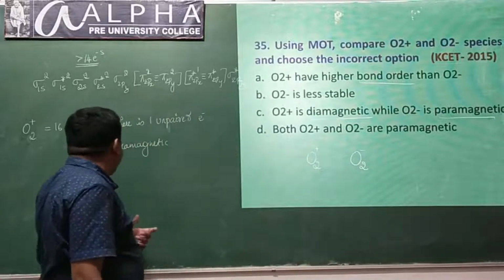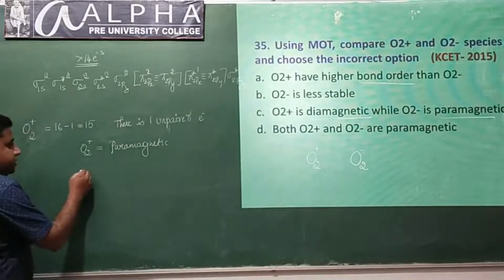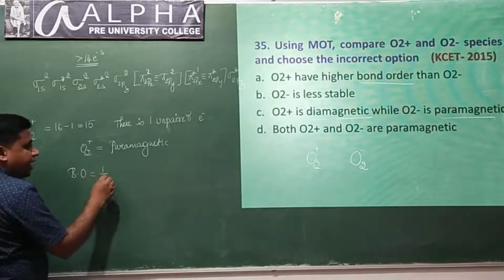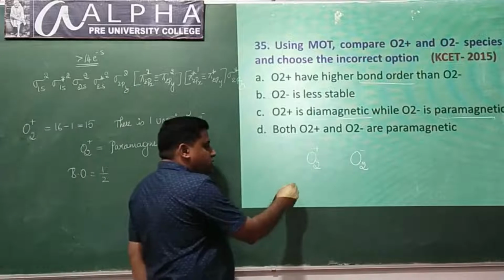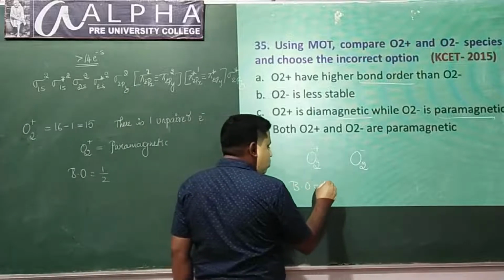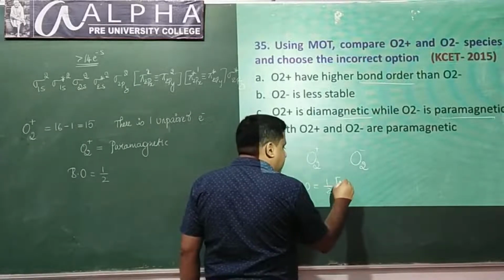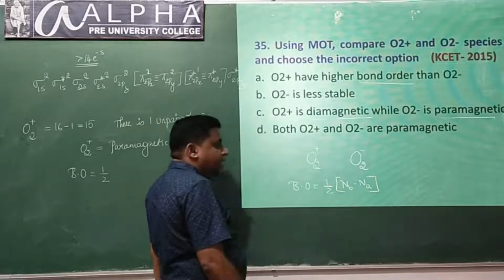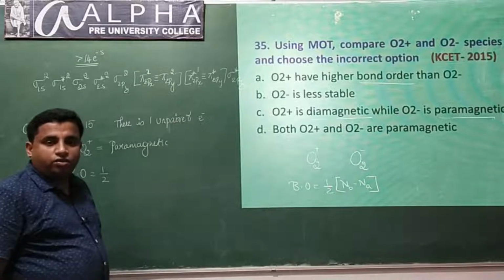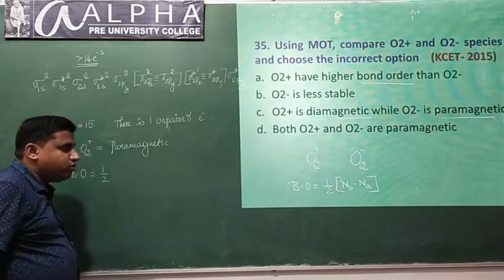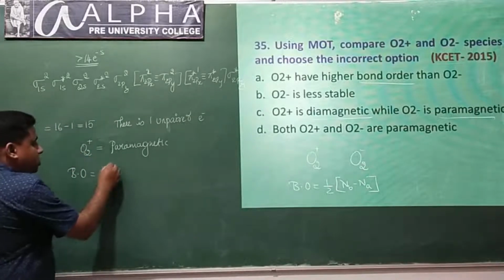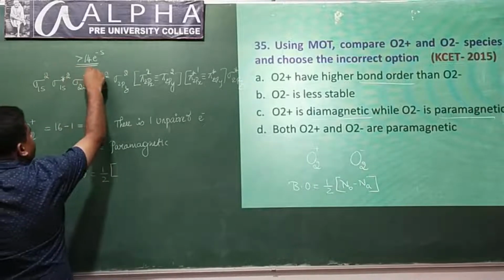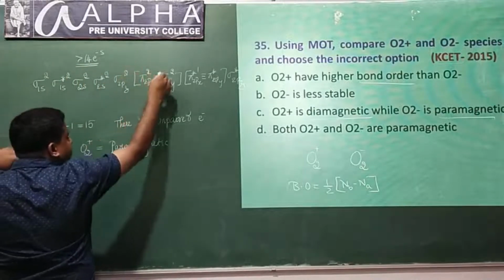Now let us calculate the bond order of O2 plus. Bond order is half of Nb minus Na, that is, half of the number of bonding electrons minus the number of anti-bonding electrons. Bonding electrons: 2, 4, 6, 8, 10.